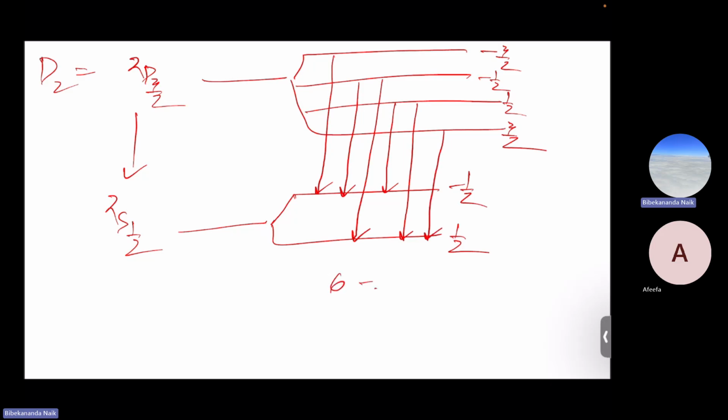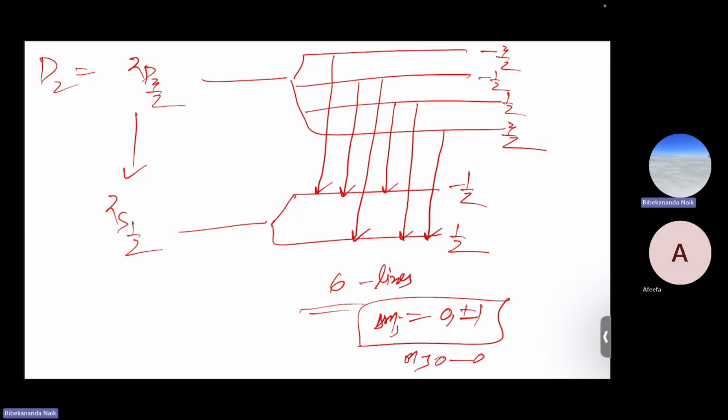So 6 lines. And the selection rule is again delta mj equals 0, plus minus 1, and 0 to 0 was not allowed. This is the way in which the D2 line gets split into 6. So the D1 line gets split into 4 components, and the D2 line gets split into 6 components in presence of a magnetic field.